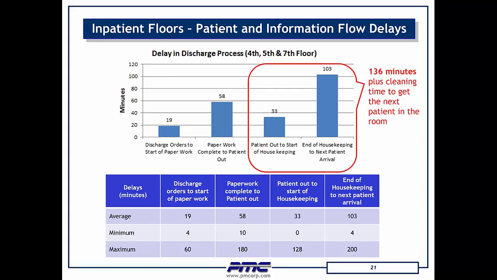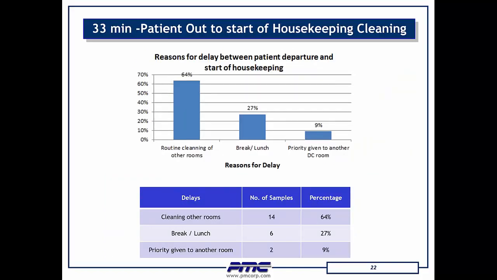You can see close to 2 hours plus was spent cleaning up the patient room. The reason for delay in cleaning the patient rooms, once the patient has been discharged, was that the people were cleaning other rooms.